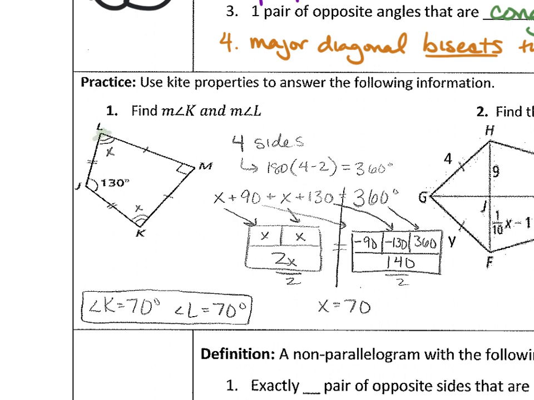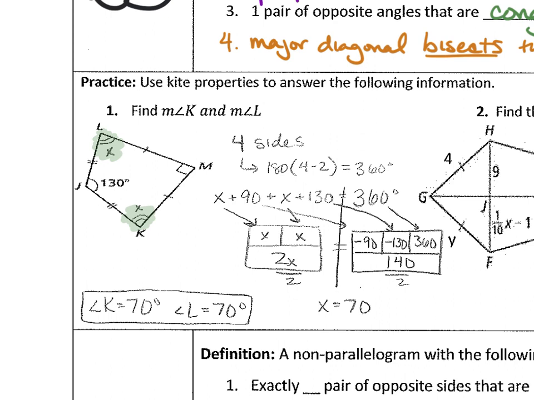Take a green highlighter and I want you to highlight this x and this x. Those angles are congruent, meaning they are the same number. So if I'm looking for the angle K and the angle L, I can put those as a missing variable x in my equation and I can solve for x.